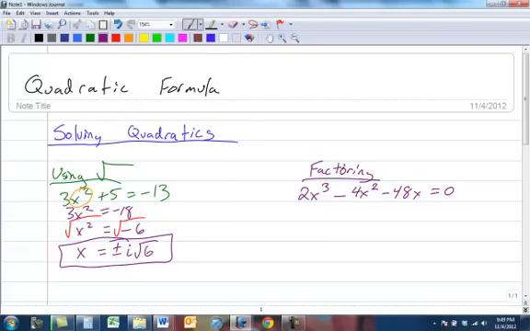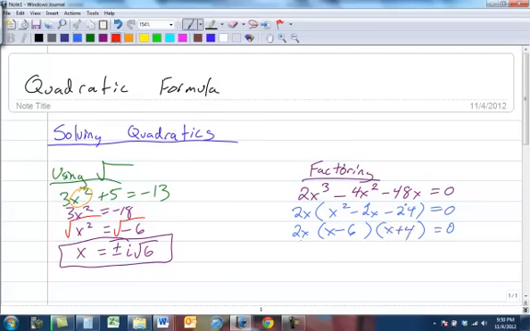Okay, so hopefully yours went smoother than my writing it. First thing, whenever you factor, first thing you look for is a GCF. 2x can come out, and you're left with x squared minus 2x minus 24 equals 0. Then what multiplies to negative 24 and adds up to negative 2? Well, that's x minus 6 times x plus 4.